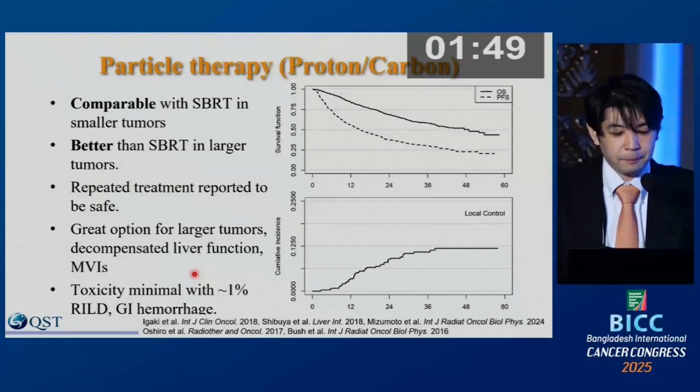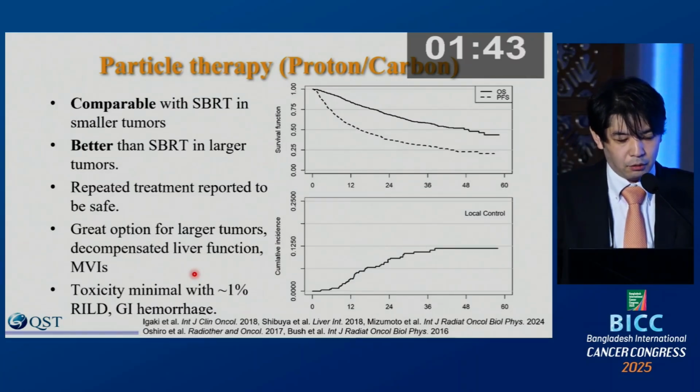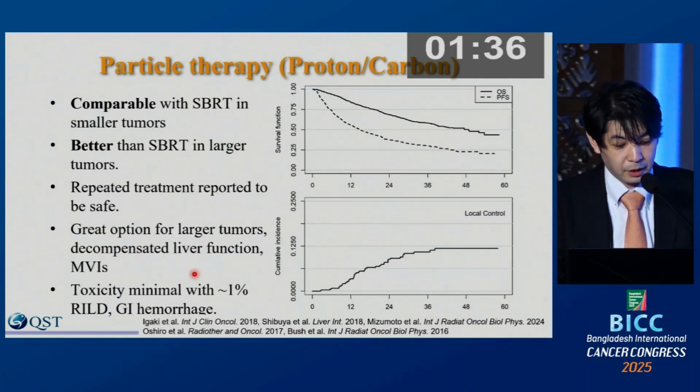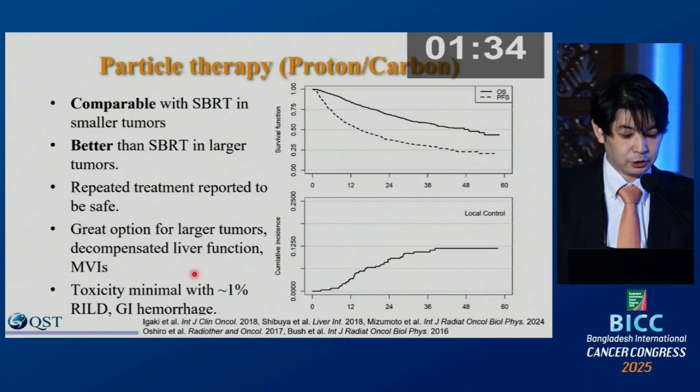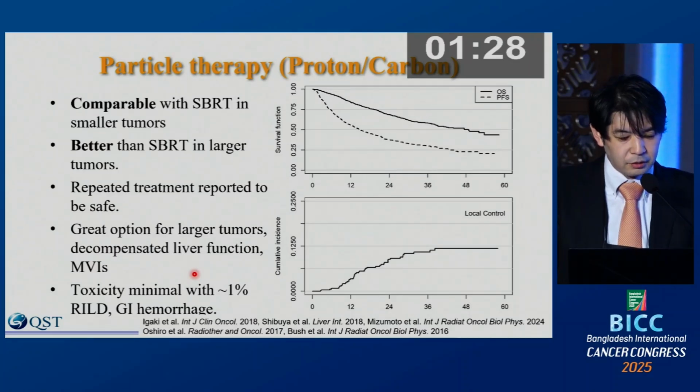So how are the outcomes? Particle therapy is comparable with SBRT in smaller tumors and better than SBRT in larger tumors. We actually did a meta-analysis comparing SBRT and particle therapy.